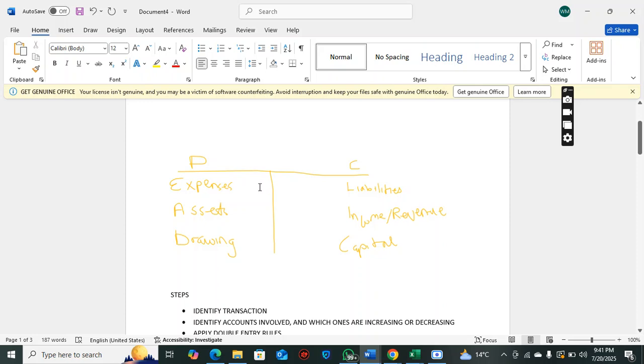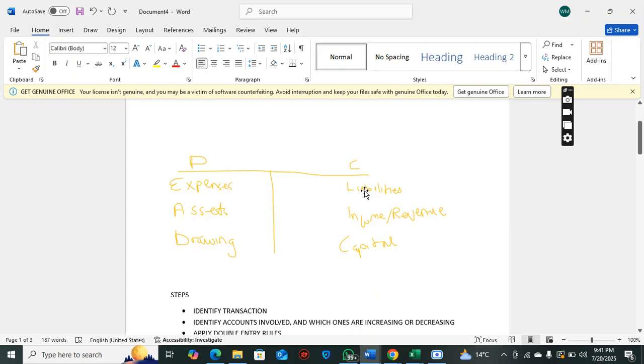So we're going to debit Mwale. Then return outwards or purchases returns is a contra expense account. Expenses increase with debit, meaning the contra expense you credit.